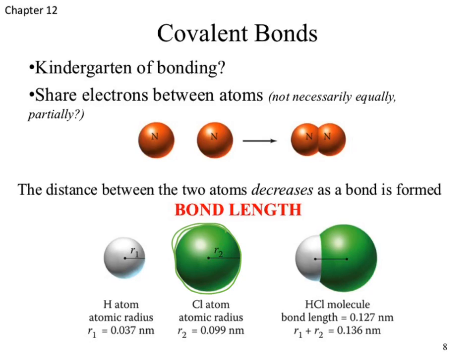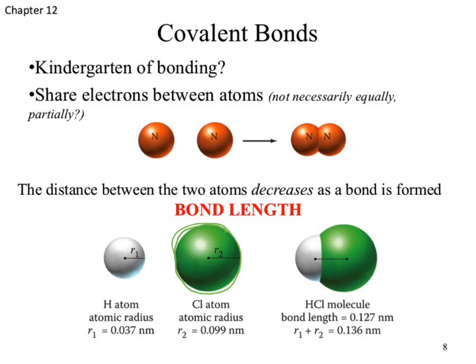That circle represents the electrons for chlorine, and the outer edge of that represents the outermost electrons for chlorine. What does the outermost edge for hydrogen represent? The outermost one electron for hydrogen.